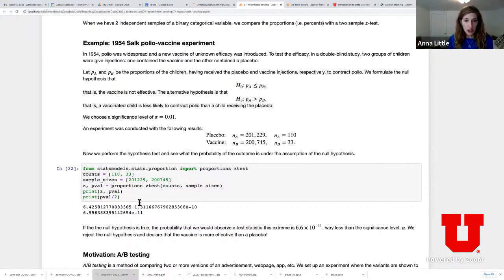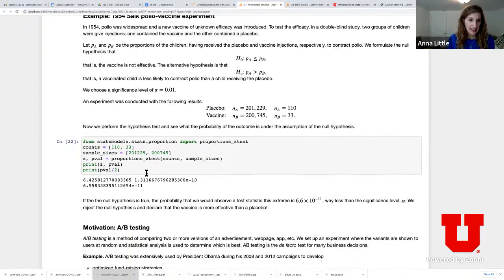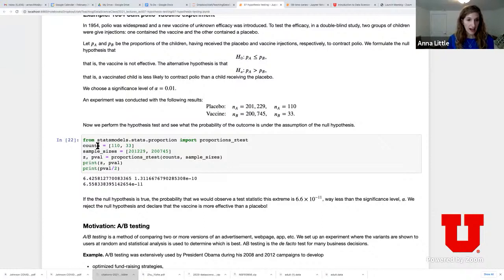Okay, so the function that you want to use for this is called a proportions z-test, which you can import from statsmodels. Here you just input the summary data, like the counts and the sample sizes.